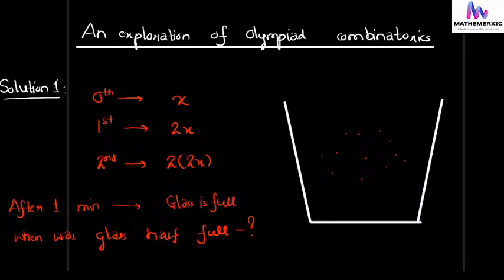So the other question we are having right now. The book is the same, Exploration of Olympiad Combinatorics, and I'm just going for question number. It is better for me, I want to put the question, but it is a very big question, so I'll not put it here.